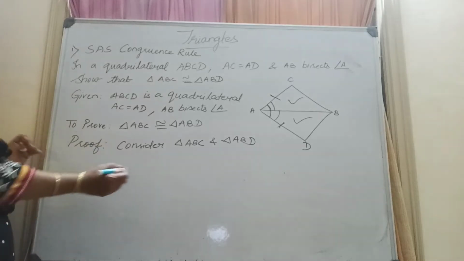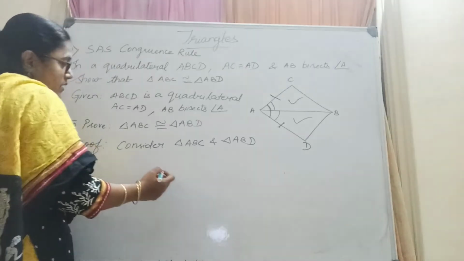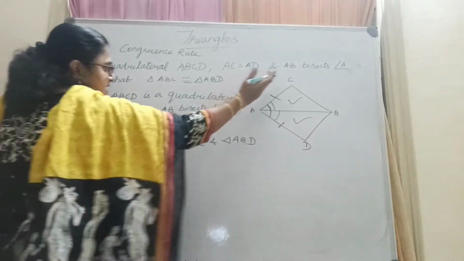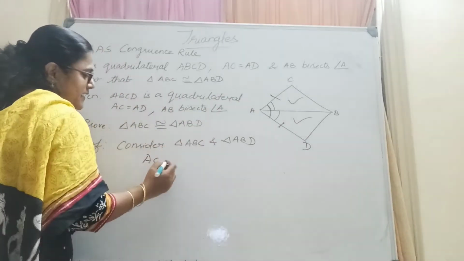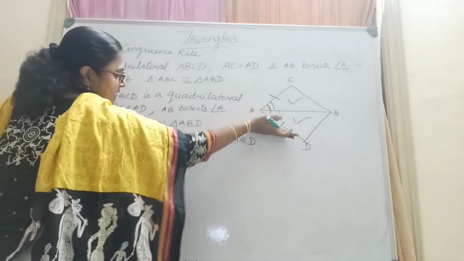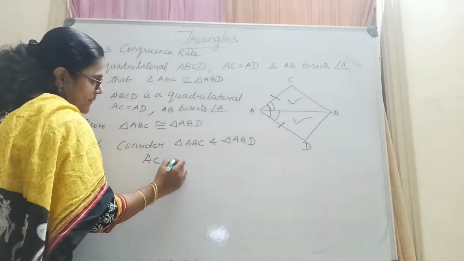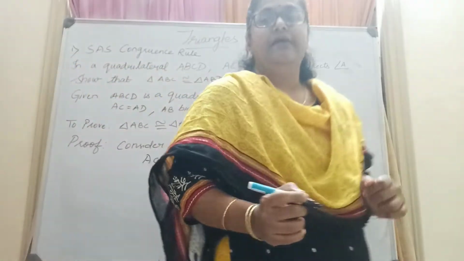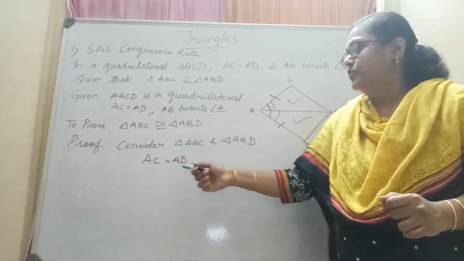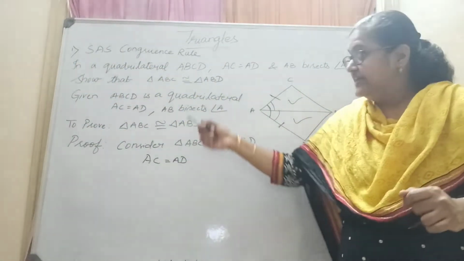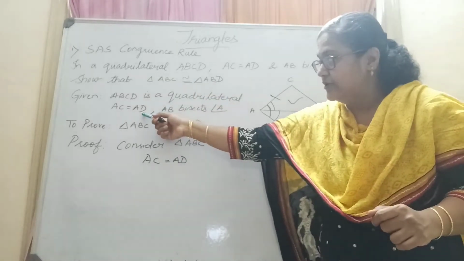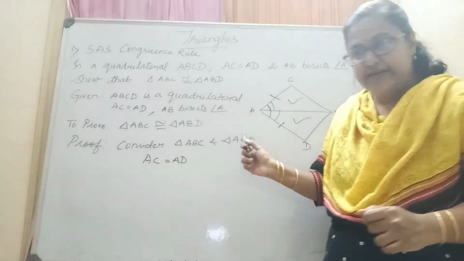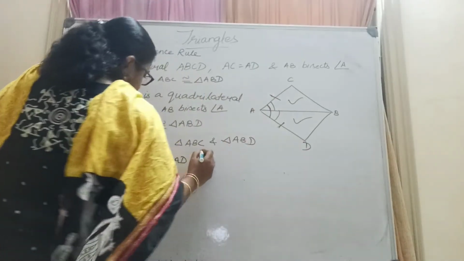Now, side AC from triangle ABC is equal to side AD from triangle ABD. Now, how did I know that AC is equal to AD? Who told me? It is given in the question. You have written it in the question. We have even marked it in the figure. Right? So, AC is equal to AD.